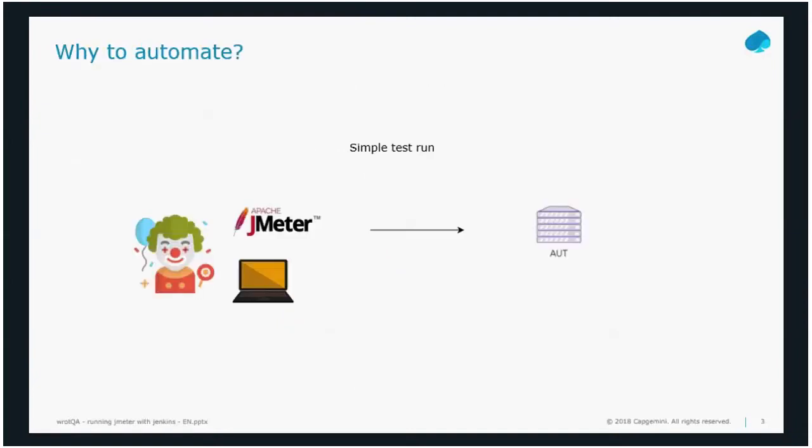Alright, so in the simplest scenario, a performance engineer develops a test on his local machine, then he uses JMeter user interface to run the test against the application under test. That's usually how it looks when you start developing anything.